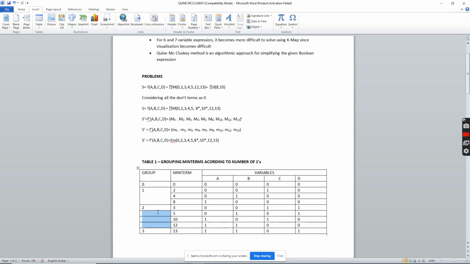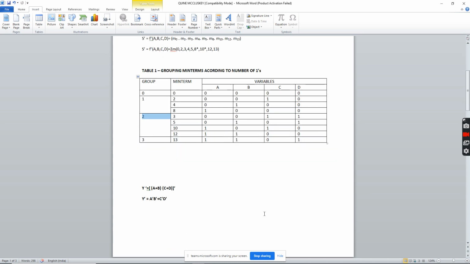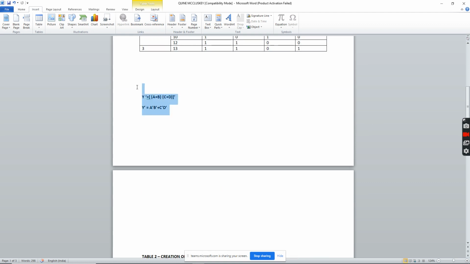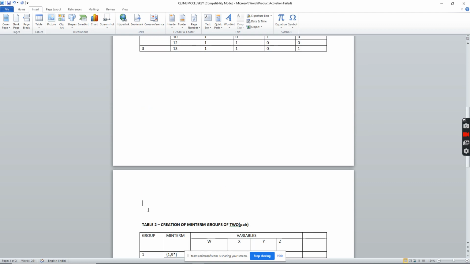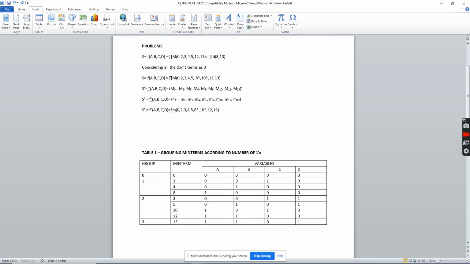So this will be my table, and now I will be going for the second table, that will be table 2. I will try bringing the table down.